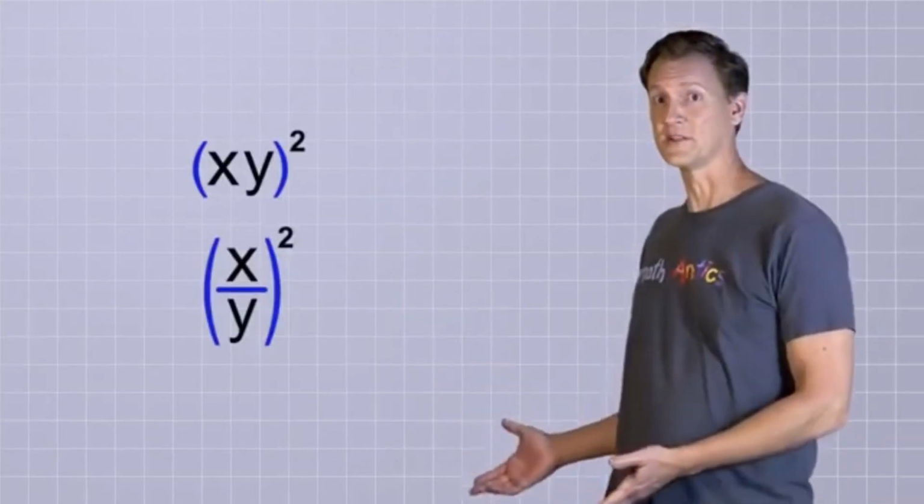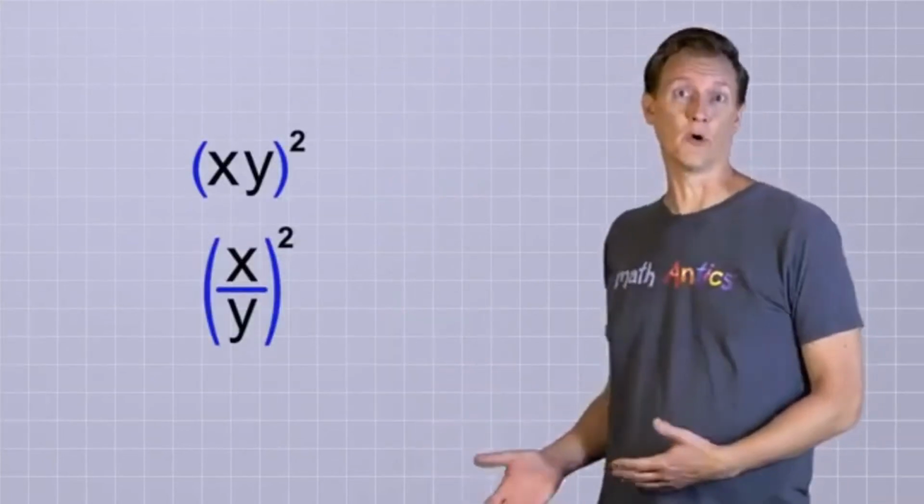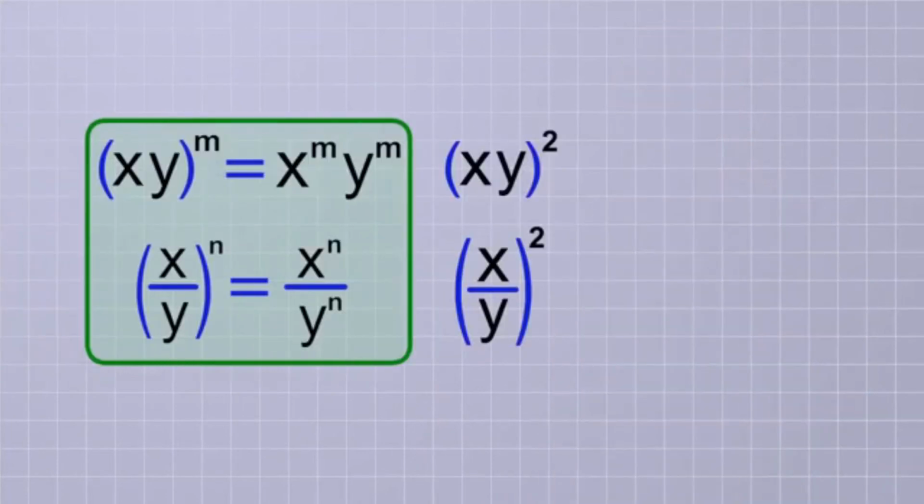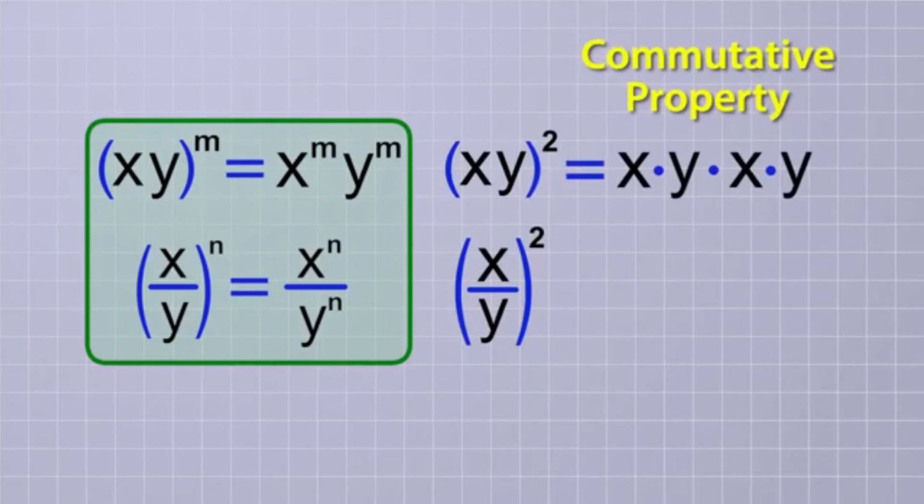Here are two expressions that will help you see why you can distribute or undistribute exponents like our laws show. In the first expression, we have the quantity x times y, squared, and that's the same as x times y times x times y. And the commutative property says that we can rearrange those factors like this, x times x times y times y.